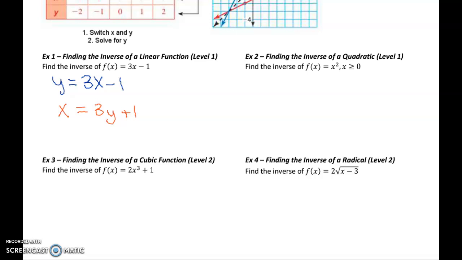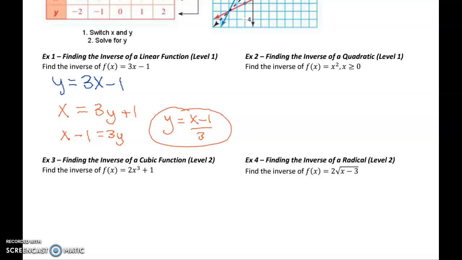First we would subtract 1, so we would have x minus 1 equals 3y. Then to get y all alone, we need to divide by 3. So we divide each side by 3, and we get y equals x minus 1 divided by 3. And then that's it. So a linear function, its inverse is going to be another linear function.